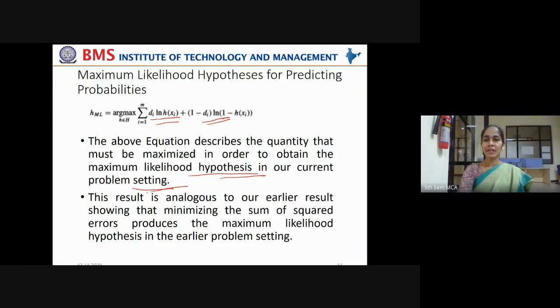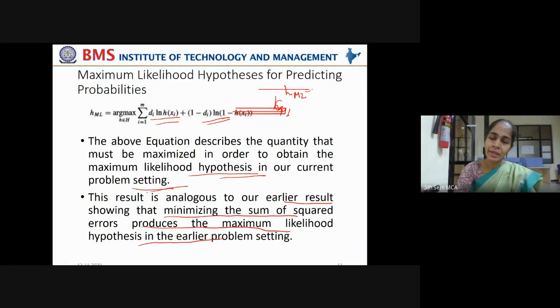Now this result is analogous, meaning the same as our earlier result showing that minimizing the sum of squared errors produces the maximum likelihood hypothesis in the earlier problem setting. In our previous topic, we have seen how reducing the prediction error, summing up all the prediction error squares and minimizing that value, you will get the maximum likelihood.